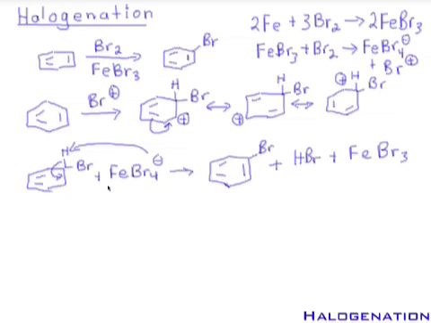Now notice this reaction, we could replace a different Lewis acid with FeBr3. We could use aluminum AlBr3. If we used AlBr3 with Br2 produces AlBr4-.